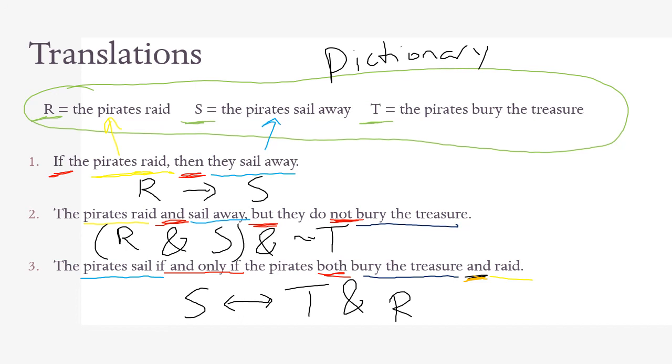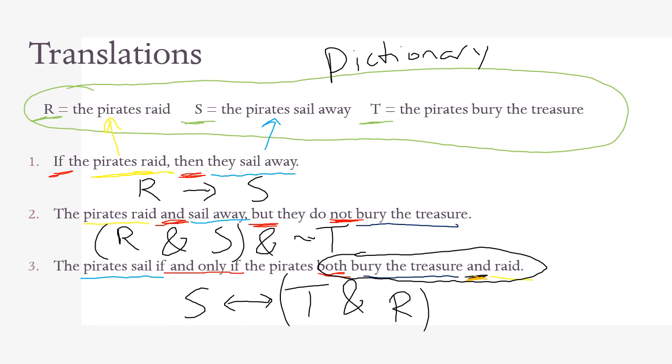So when we go to symbolize it, we're going to put our parentheses here because it's saying both of these things go together. They both bury the treasure and raid. So when we go to write the sentence, the pirates sail if and only if pirates both bury treasure and raid.